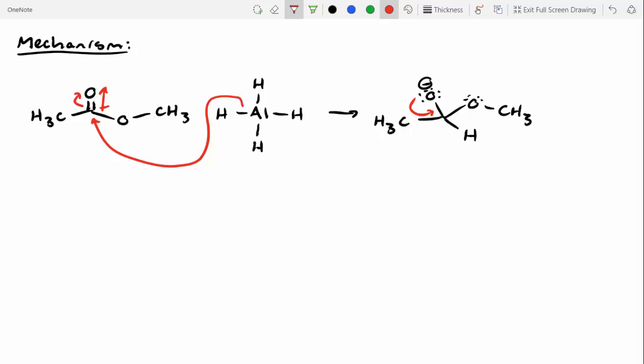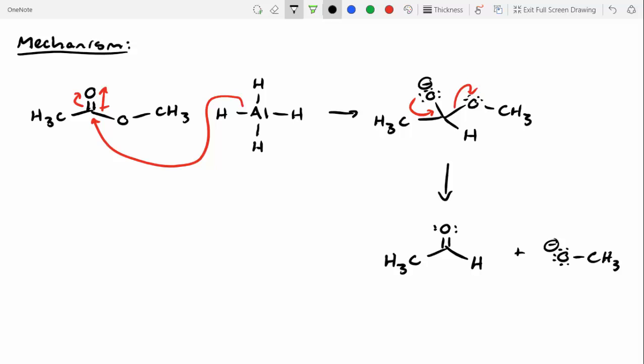So in this case, this will kick off an alkoxide anion. And now we have an aldehyde plus the other end of our ester, which is now an alkoxide anion.